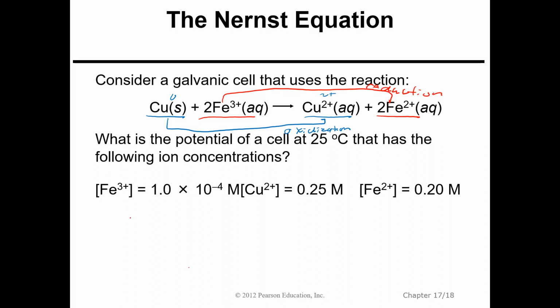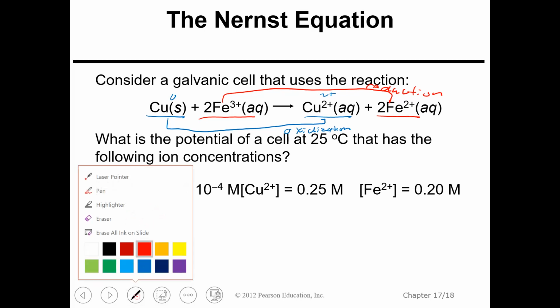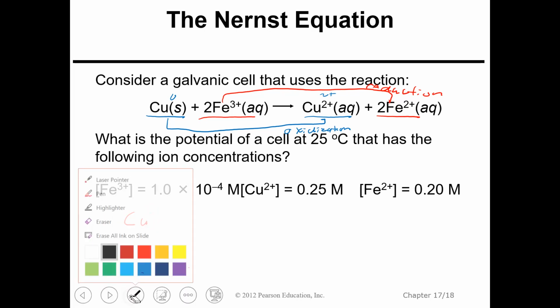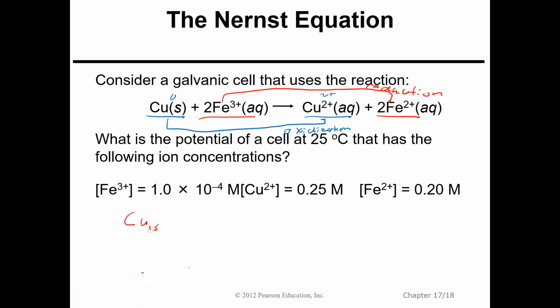So we can write out the reactions for this. Solid copper forms copper 2 positive, and it loses 2 electrons in the process. And 2 Fe3 positive. Fe3 positive gains an electron, but there are 2 irons, so we need 2 electrons. And that gives us 2 iron 2 positive.